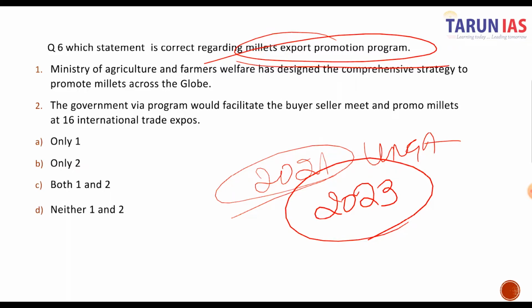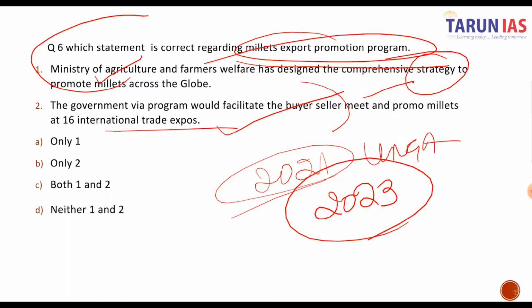The Ministry of Agriculture and Farmers Welfare has designated a comprehensive strategy to promote millets across the globe. The government via the program would facilitate buyer-seller meets and promote millets at 16 international trade expos. Now both the statements here are correct. However, this strategy has not been designed by the Ministry of Agriculture and Farmers Welfare.